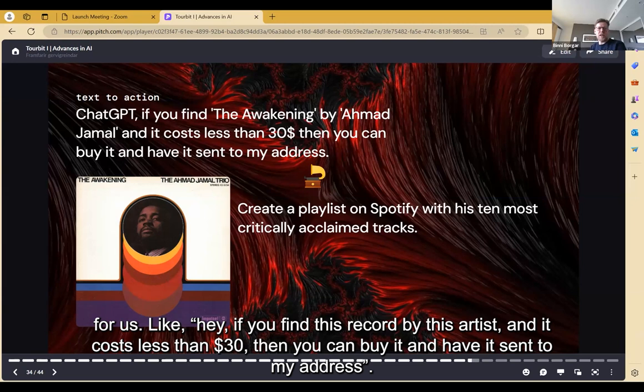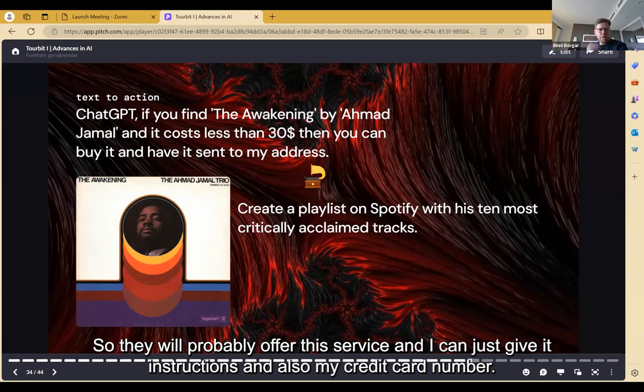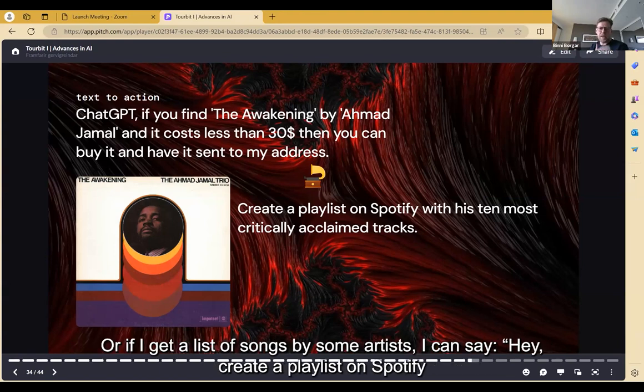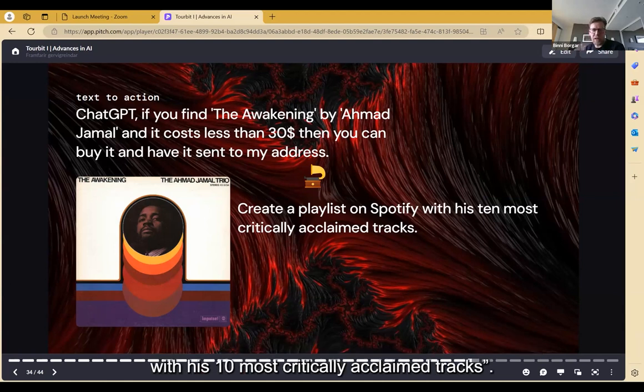Like, hey, ChatGPT, if you find this record by this artist and it costs less than $30, then you can buy it and have it sent to my address. So they will probably offer this service, and I can just give it instructions and also my credit card number. Or if I get a list of songs by some artist, I can say, hey, create a playlist on Spotify with his 10 most critically acclaimed tracks.